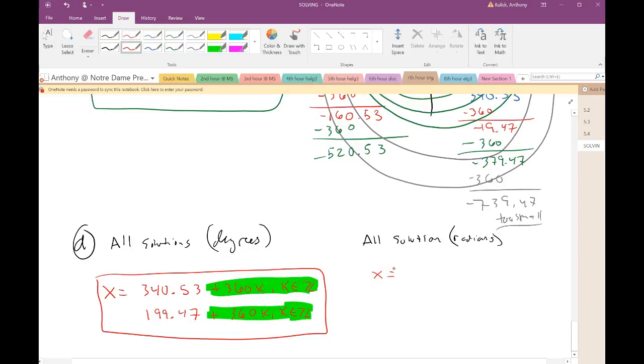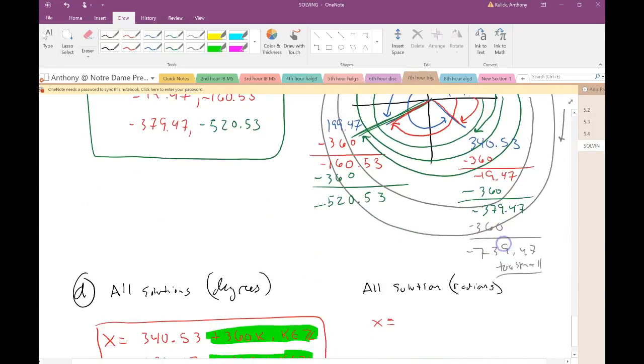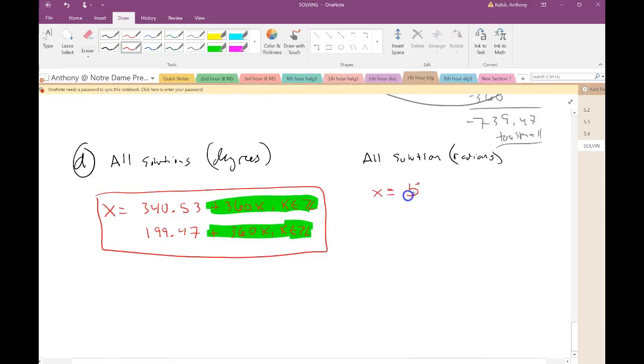If we're in radians, instead of starting with my answer for part A, I'm going to start with my answer from part B. Why part B? Because they're in radians already. So 594 and then 348. And when we're talking about radians, what is 360 the same as? 2 pi, right?